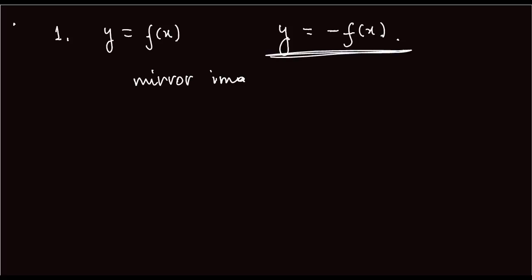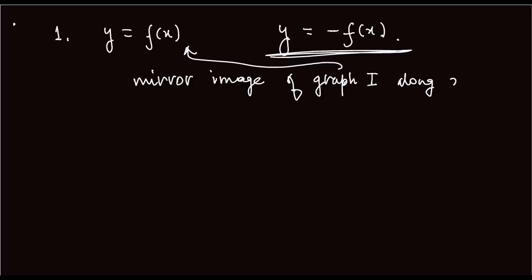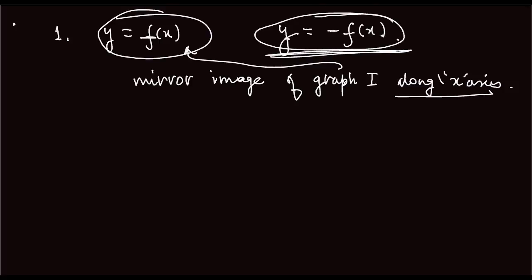This graph will be the mirror image of graph 1 along the x-axis. Okay, you have to keep that in mind, that if you have y equals f of x and you have to draw y equals minus f of x, then just draw the mirror image of y equals f(x) along the x-axis.